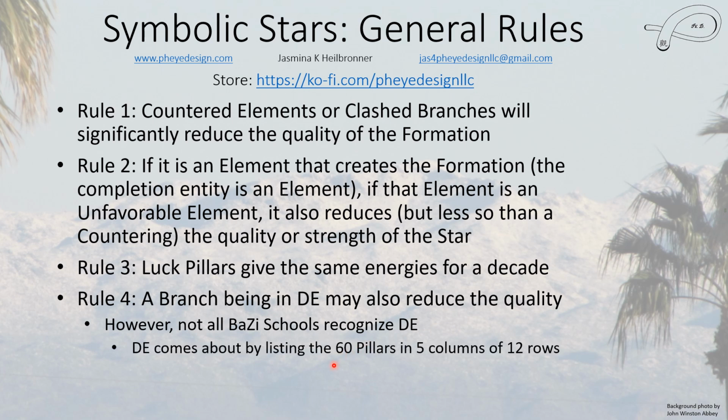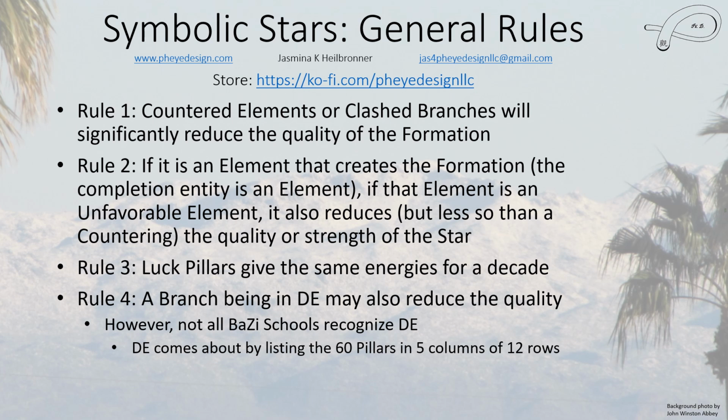To me, DE kind of comes from bookkeeping. DE comes about from listing the 60 possible pillars, all the stems and all the branches possible, into 5 columns of 12 rows. And the 2 animal signs at the bottom of each column will be in death and emptiness. That's how the rule goes.